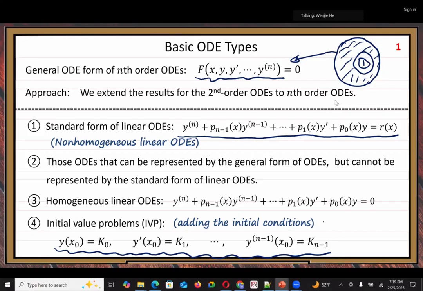You need to provide the initial values for the original function at one point and the values for all orders of the derivatives at the same point. Here, at the same point.